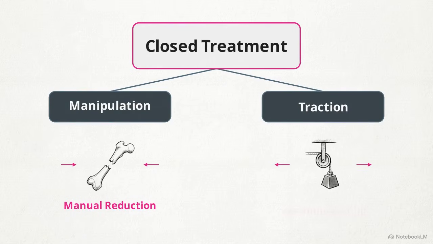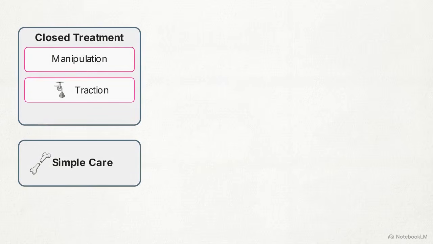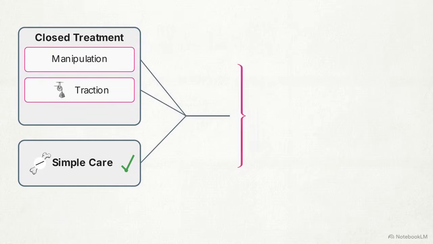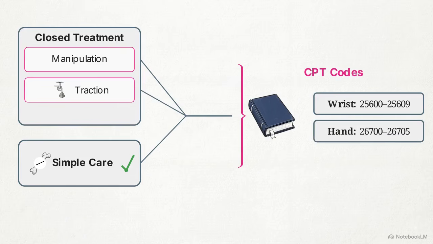Traction is the second technique used in closed scenarios. This involves applying a continuous pulling force to align the bone without exposing the fracture site through an incision. These active interventions are different from simple fracture care, where the bone is already in a position that will heal without manual adjustment. These actions correspond to specific code ranges, such as 25600 to 25609 for the wrist, or 26700 to 26705 for the hand.